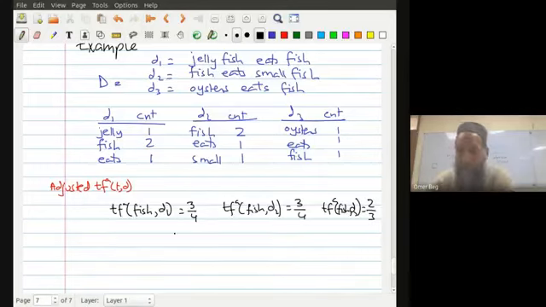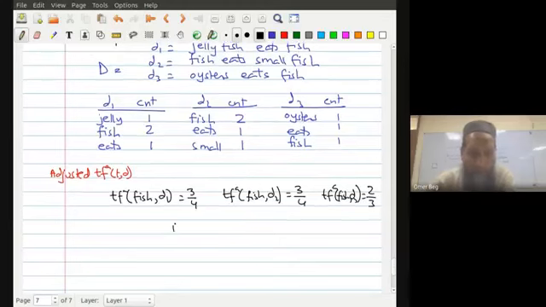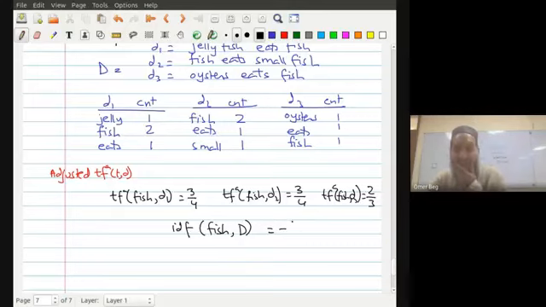Okay. Now, if I look at IDF for fish in all the documents, that would be the inverse log of the number of documents in which fish occurs over the total number of documents.